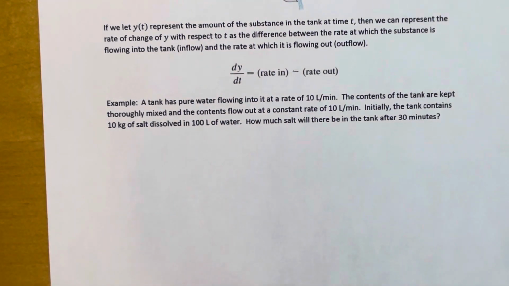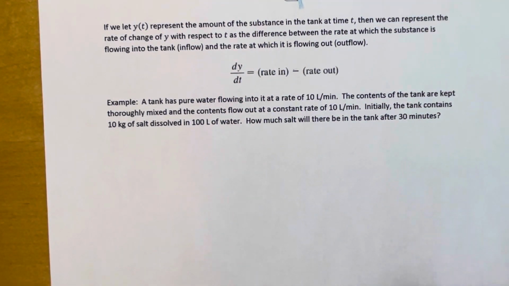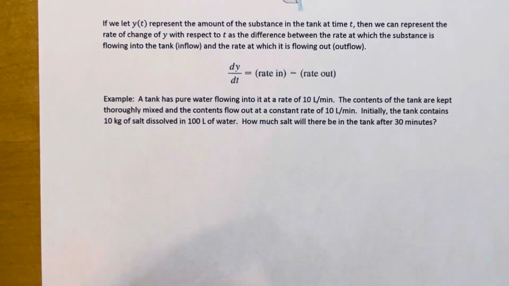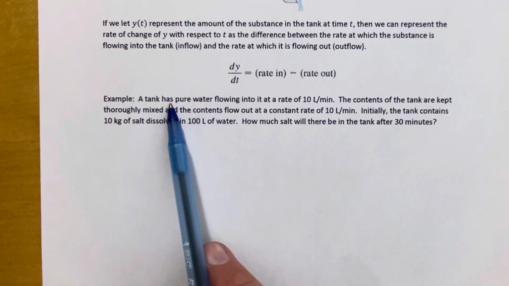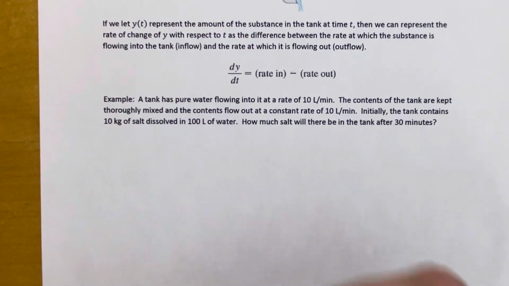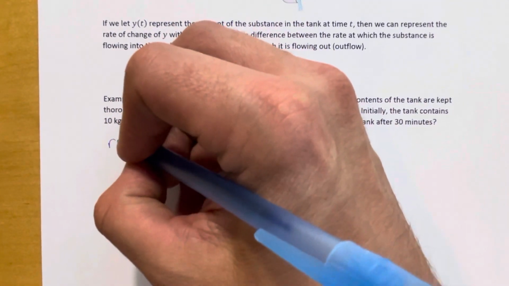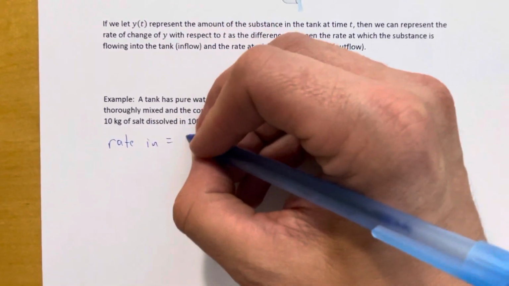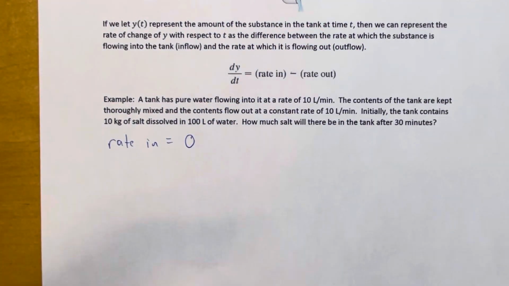Okay. So the trick here is to try and figure out what the rate in and the rate out are. Now, when we talk about these rates, we're only talking about the rate at which salt is coming into the tank, not the entire solution, just the salt part of it. The fact that it says pure water here means that our rate in is 0 because there is no salt in there.